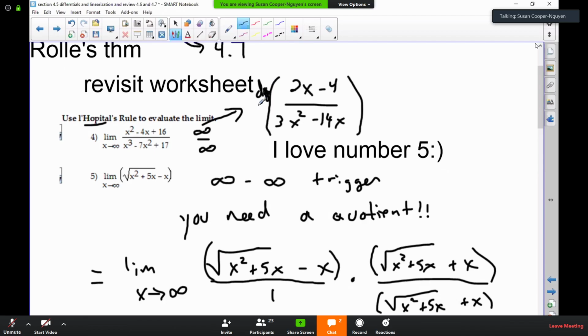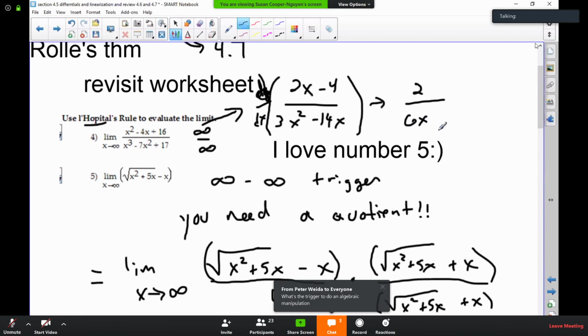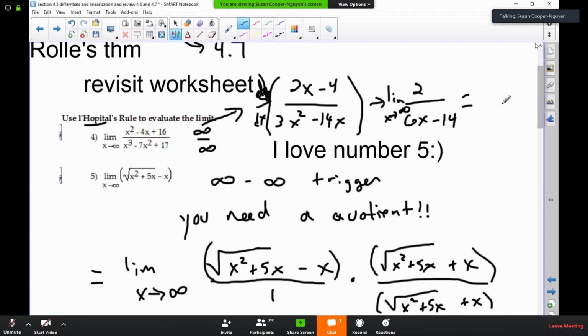If I differentiate that again, that would send me to 2 over 6x minus 14. And then I could plug in infinity. This one now I can plug infinity in for x. And 2 over infinity is going to go to 0. So this one, the limit as x approaches infinity, is going to go to 0.